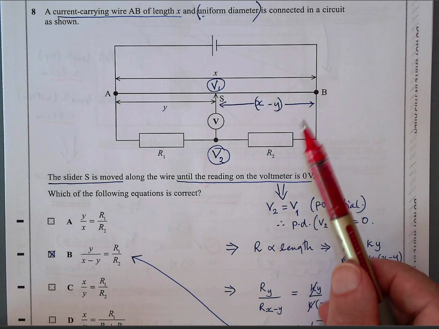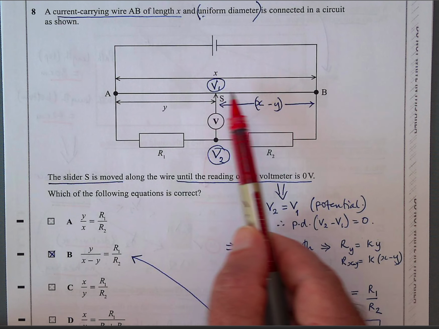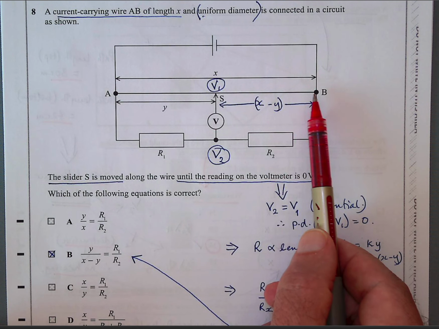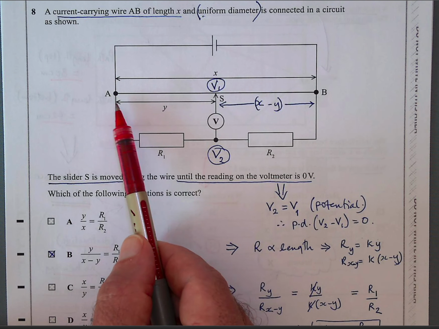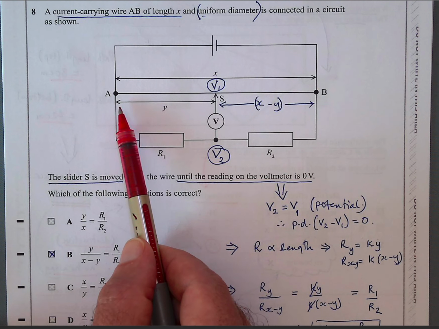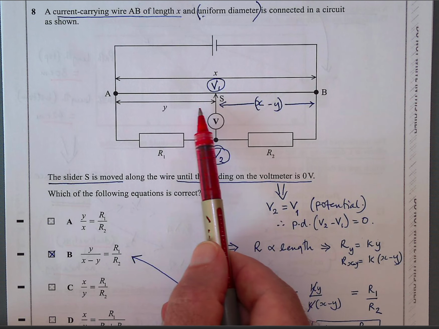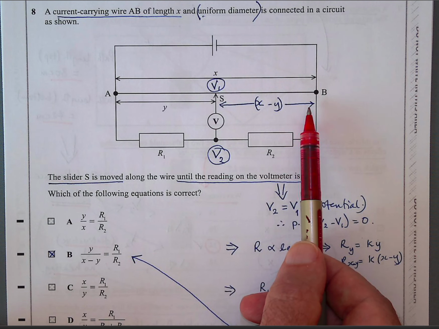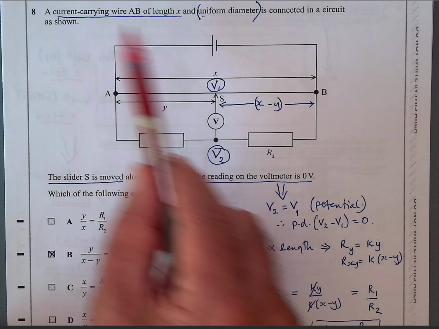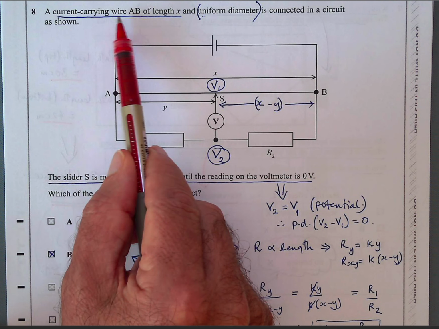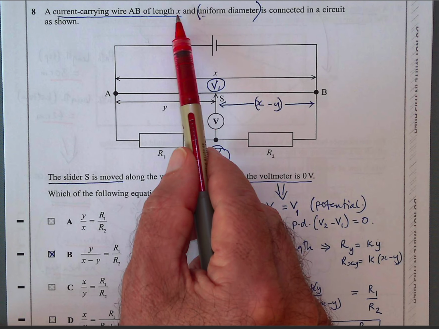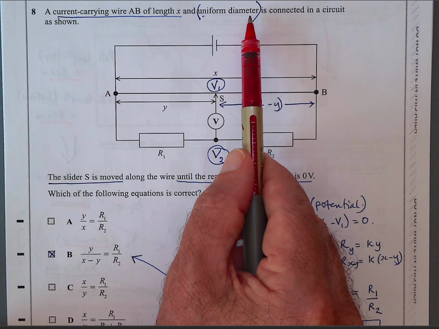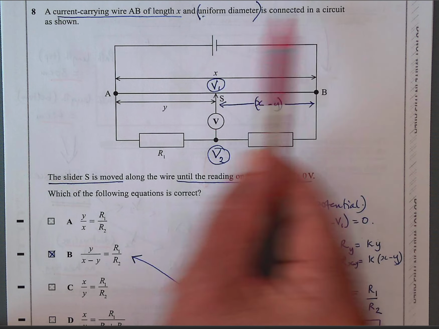As you know, the resistance across a length of wire increases with length. So you're basically dividing the resistance of the wire according to two ratios of length, Y, and obviously this would then be X minus Y, because the wire, a current carrying wire AB of length X and uniform diameter, is connected in a circuit as shown.